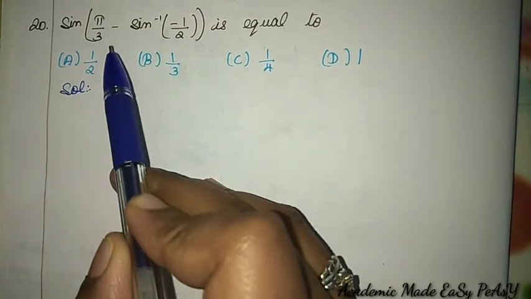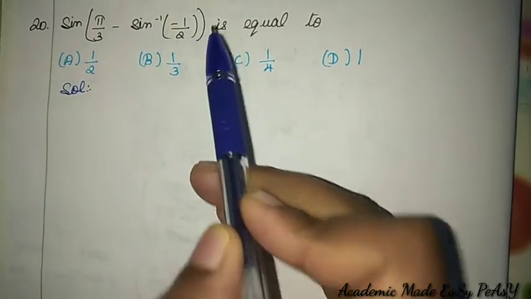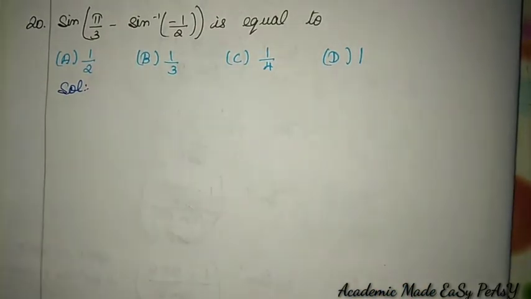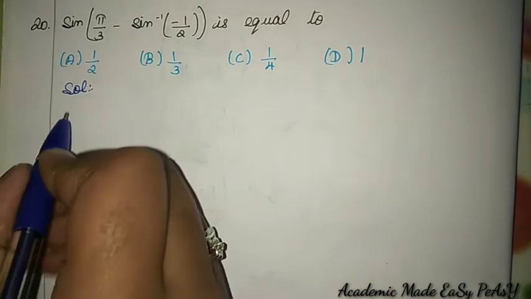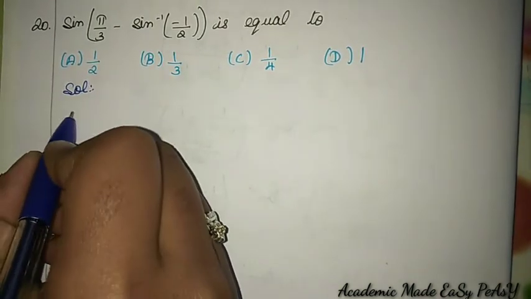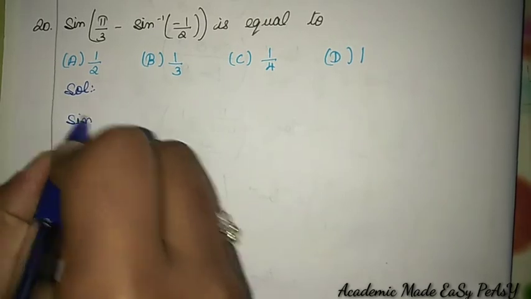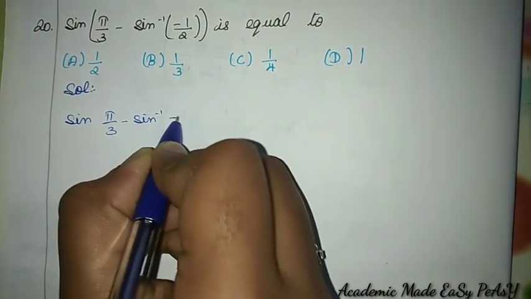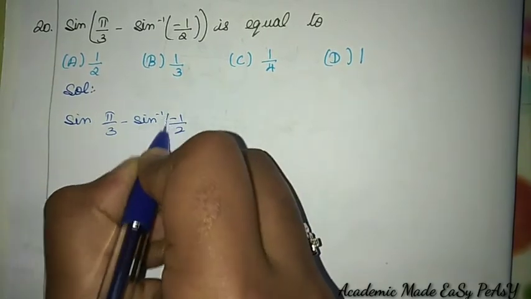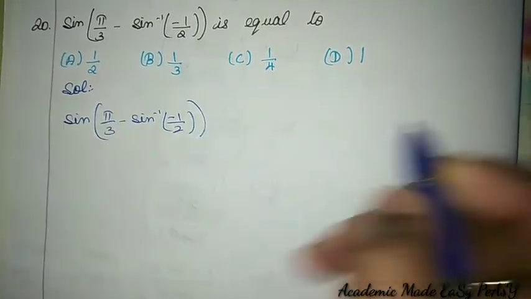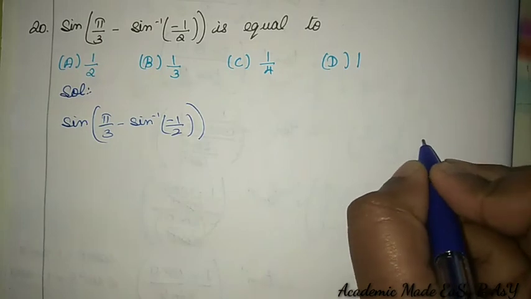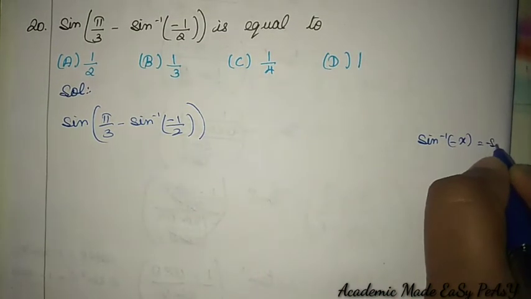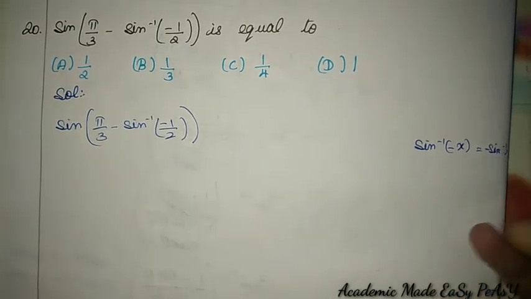Question 20. Sine of pi by 3 minus sine inverse of minus 1 by 2 is equal to what? This is the choose the best answer. So now we will be applying it directly. So sine pi by 3 minus sine inverse minus 1 by 2. This is given. So we know the formula that sine inverse minus x is equal to minus sine inverse x.